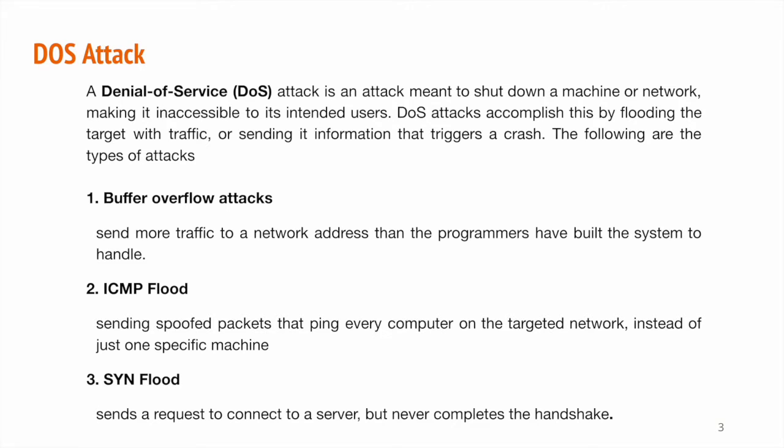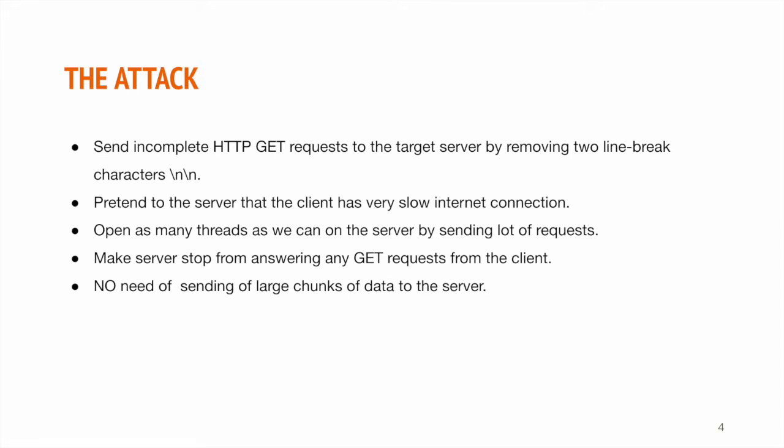The attack that I'm going to perform is not the same as the regular DOS attacks. In this attack, I send a lot of requests to the server, pretending I'm a user with a very slow internet connection.